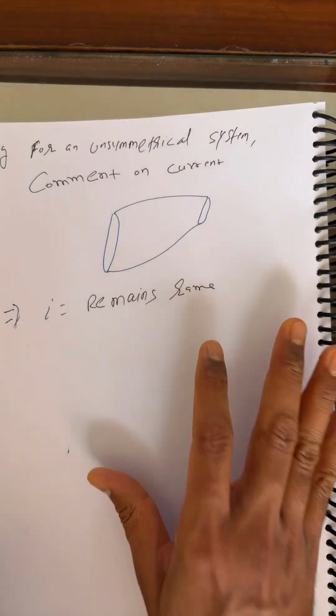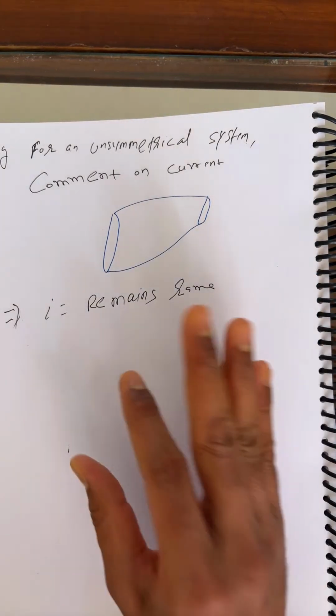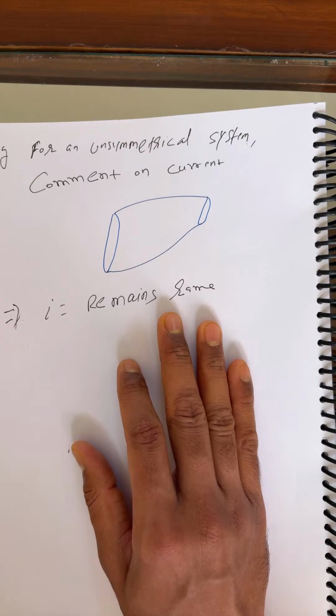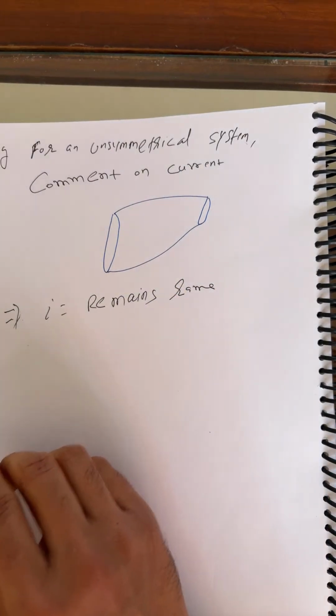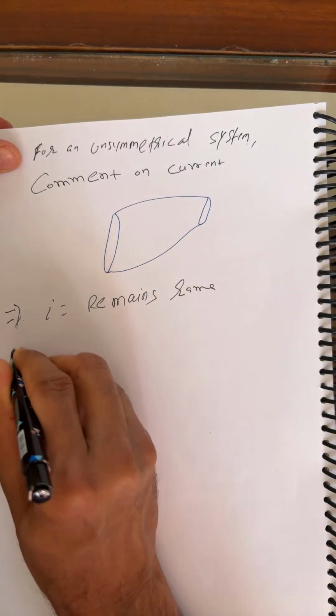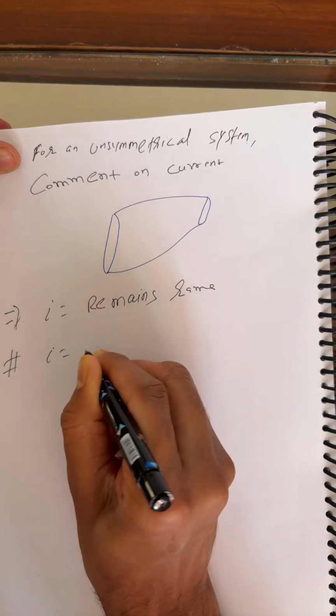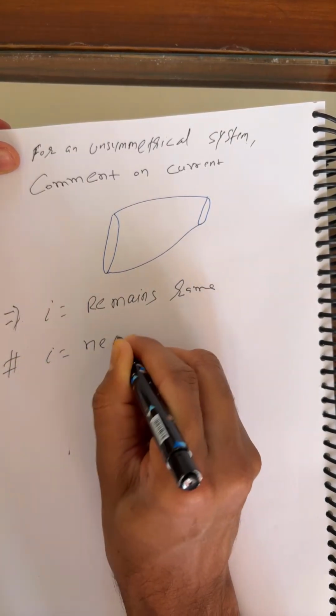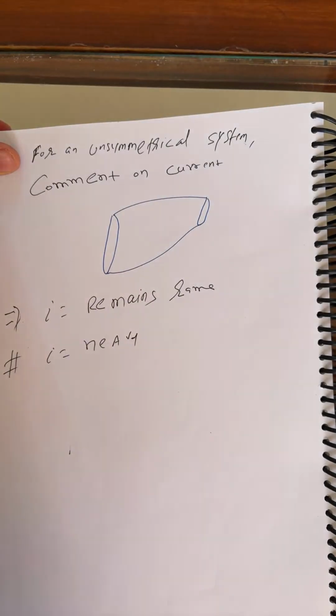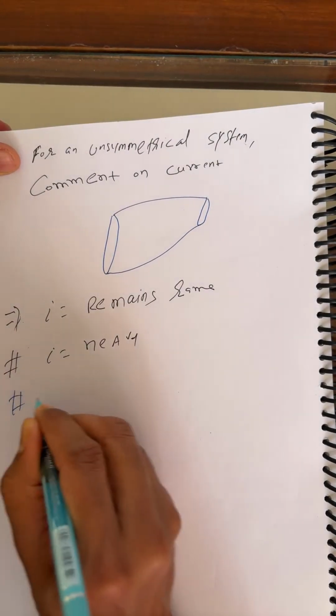Okay, so beta, already I said the formula here: I is equal to n e A v_d. Then tell me the resistance formula.